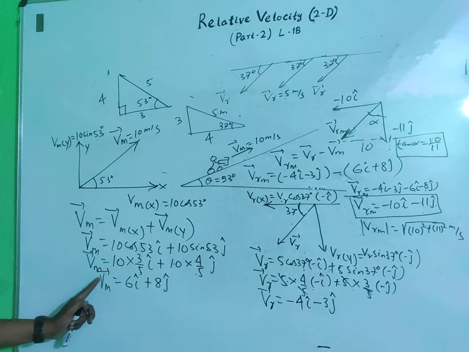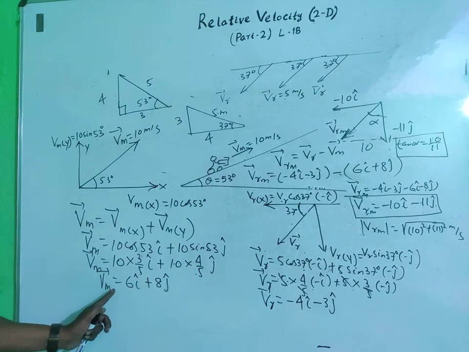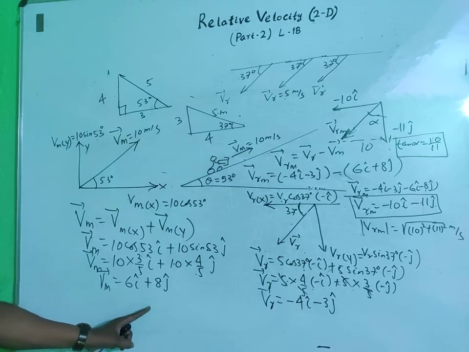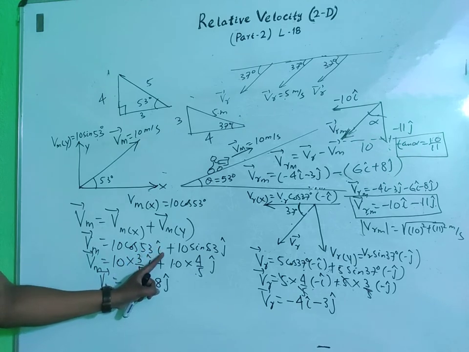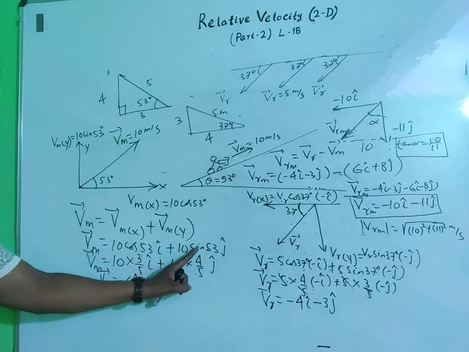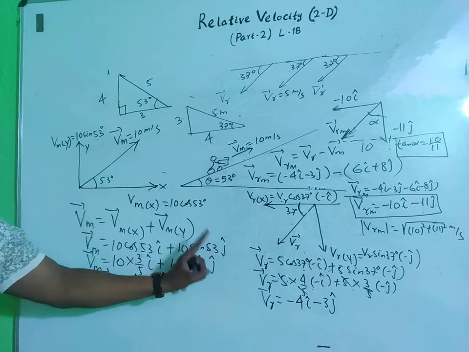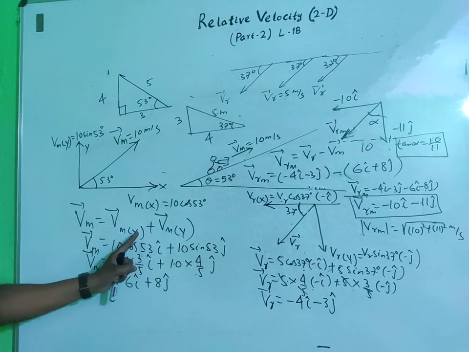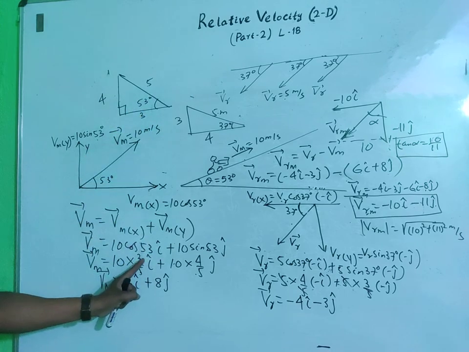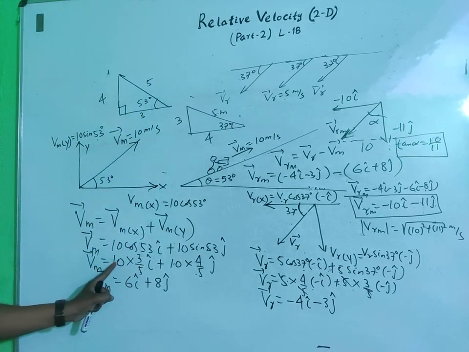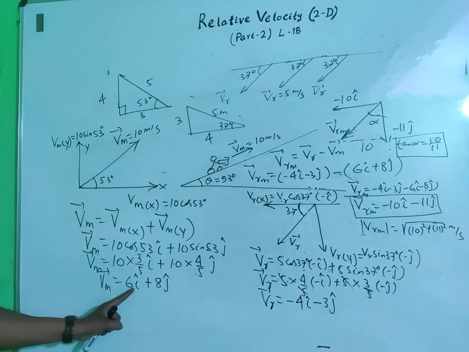Then velocity of man, let's check it once. Velocity of man is 10 cos 53 i cap plus 10 sin 53 j cap. Then cos 53 is 3 by 5, this is 2, this is 3, 6 i cap.